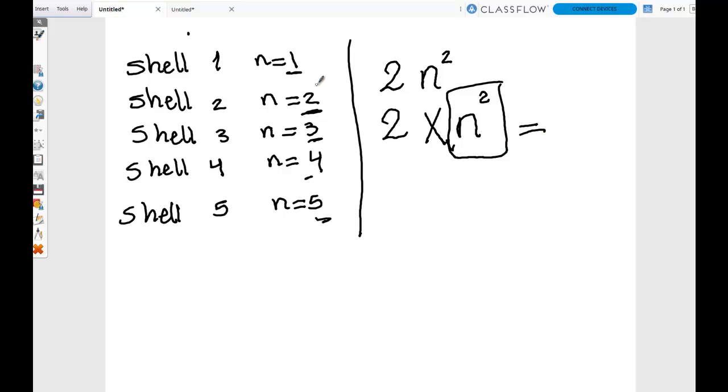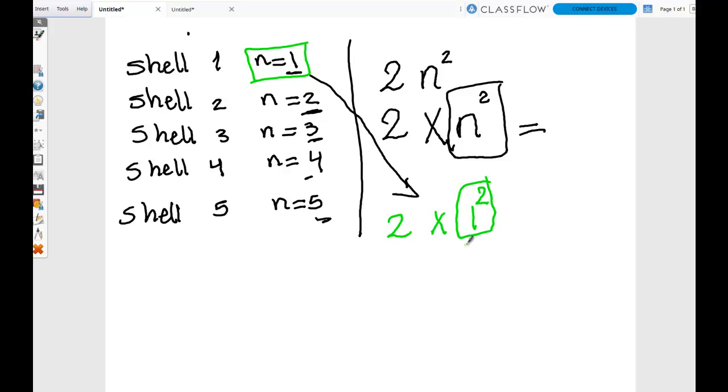So for number 1 here, it will be 2 multiplied by 1 squared. 1 squared equals 1, meaning 1 by 1 equals 1. So 2 multiplied by 1 equals 2. That's why we said shell number 1 takes 2 electrons.